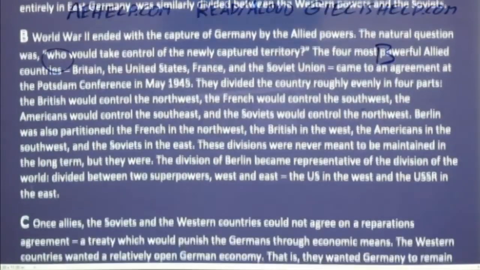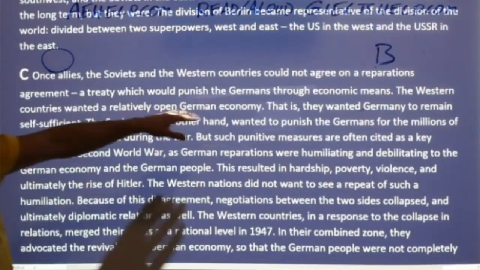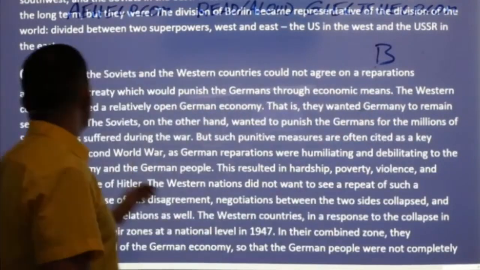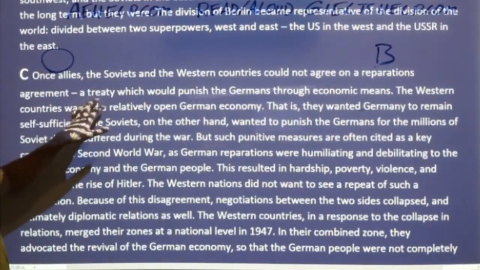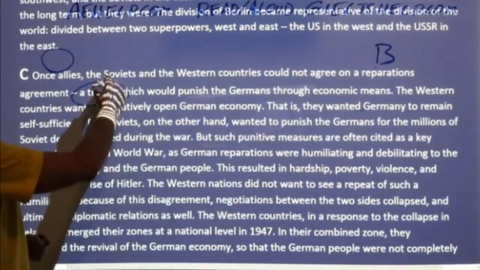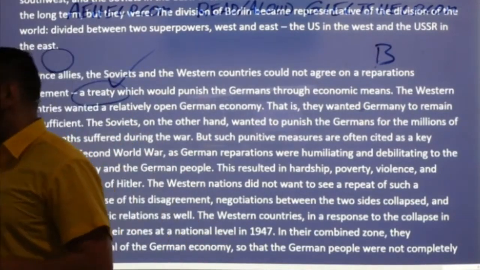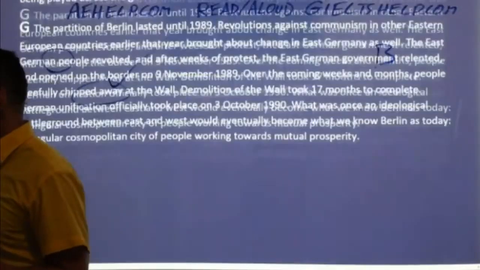And then you keep reading, and then you read reparations agreement, a treaty which would punish the Germans, and you're skim reading and you go, aha, there it is. Whoosh, yes, awesome, I got it. So now I'm going to answer C.